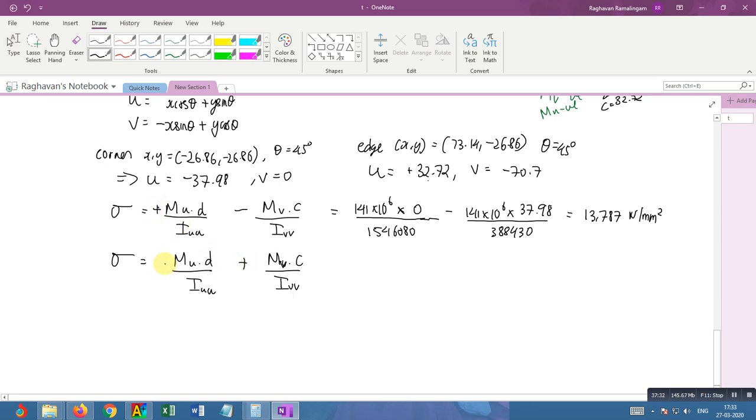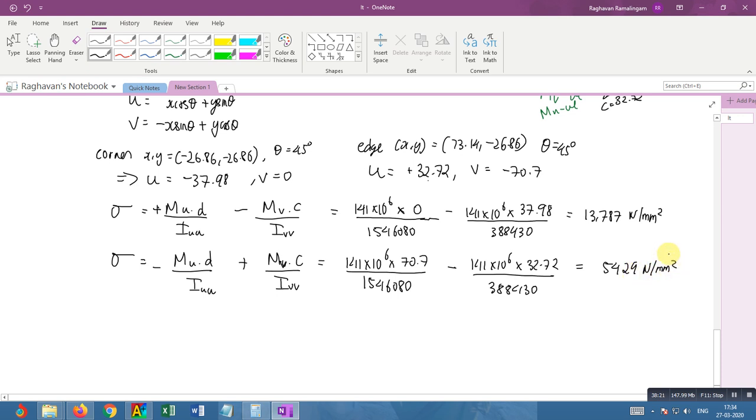So you get 141 into 10 power 6 times d, which is 70.7, by 1546080, and minus 141 into 10 power 6 into 32.72 by 388430. So this is 5.429 Newton per mm squared.